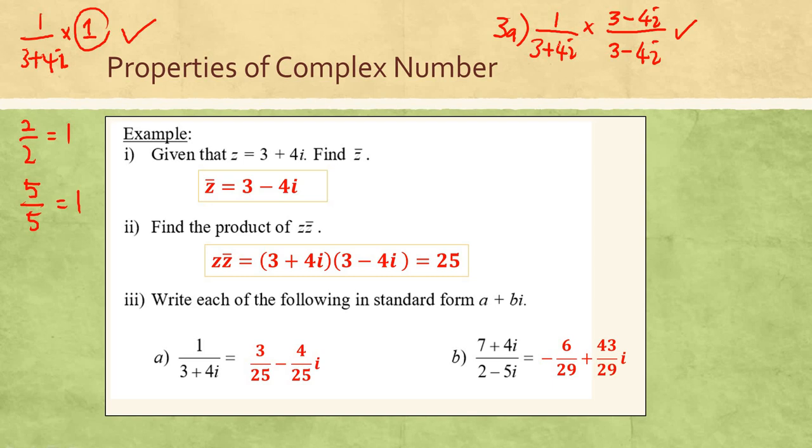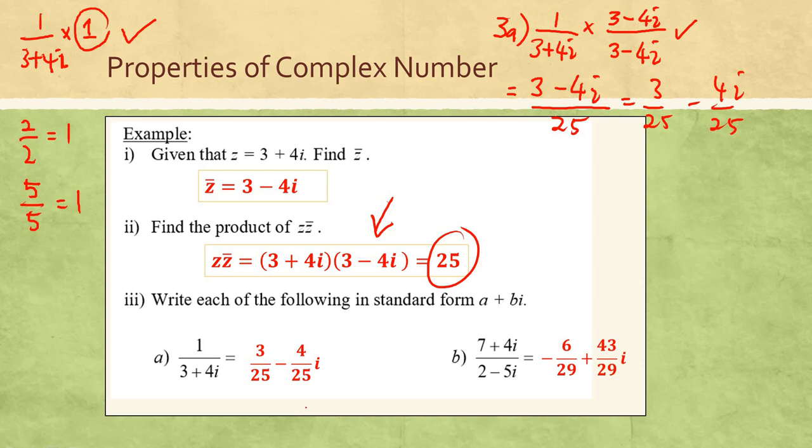This is how I get it. So on top I times, I get 3 minus 4i. At the denominator I times, I get this. So you have 3 over 25 minus 4i over 25. That's how I get for A, 3a.